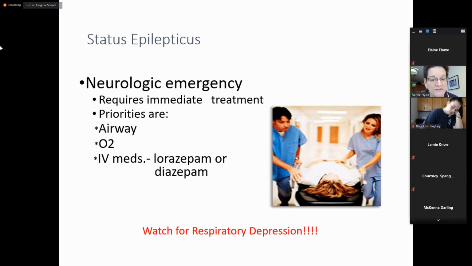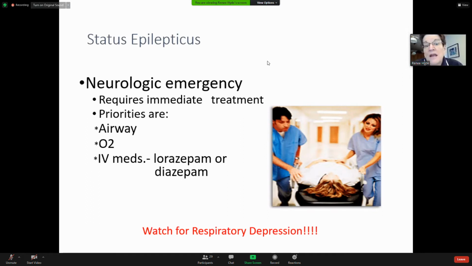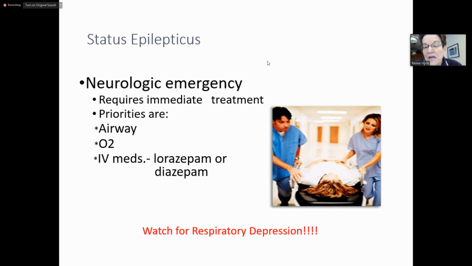Now, what classification of medications are those? They are benzos, exactly right. They're the PAMs. So benzodiazepines are the medications of choice. Lorazepam, you may also know by the trade name Ativan, or diazepam, trade name Valium, okay?